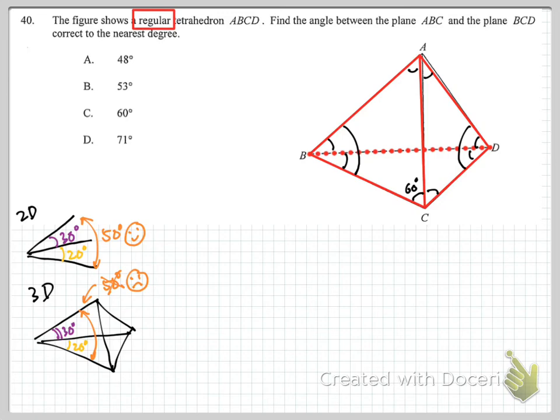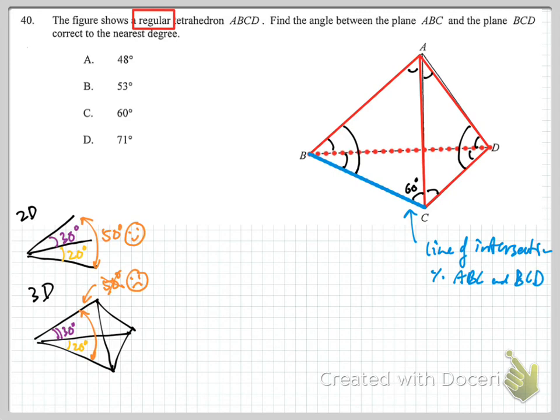In this case, the line of intersection will be this blue line. Let me change it to solid color. The blue line is the line of intersection between ABC and BCD. Then along the line of intersection, we draw perpendiculars.